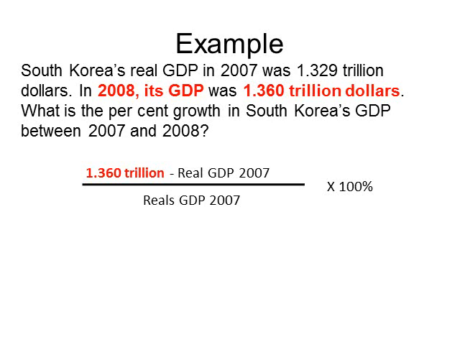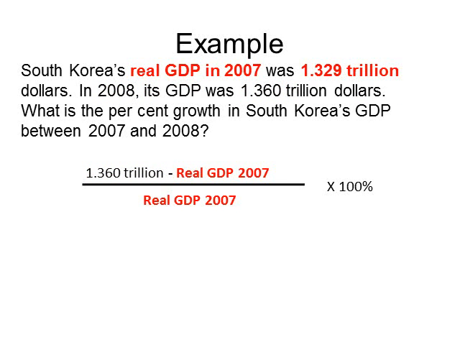Next, we need to substitute in the value for the real GDP in 2007. Since the value of real GDP in 2007 was $1.329 trillion, next we're going to need to subtract 1.329 trillion from 1.360 trillion.